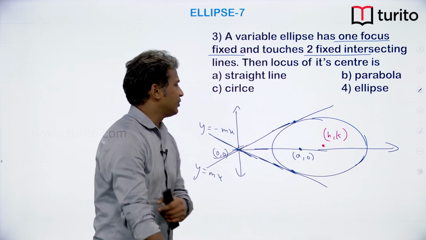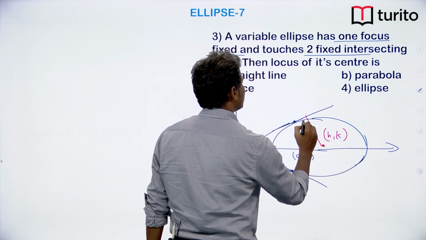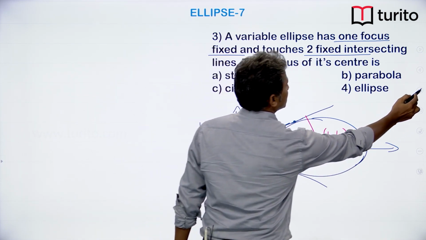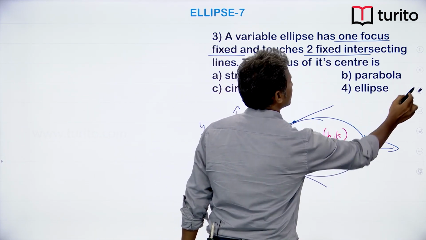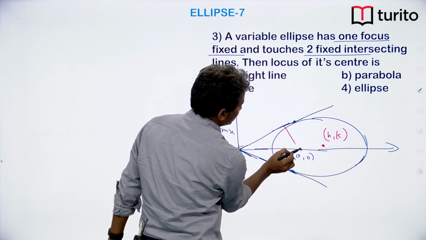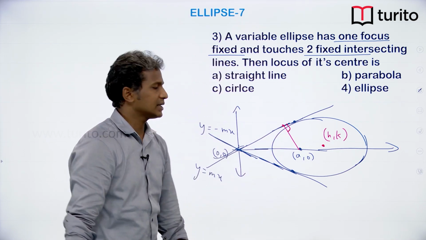So we know that the perpendicular drawn from the focus to the tangent lies on the auxiliary circle.